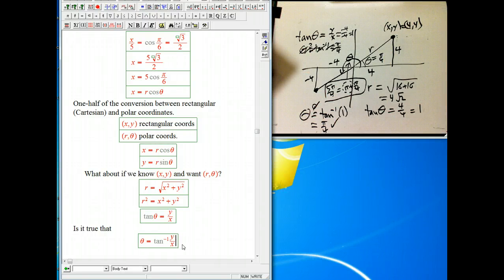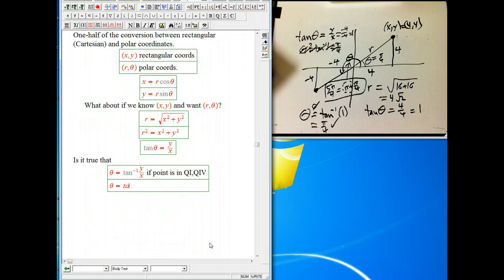Okay, so the upshot is that this is true if the point is in Q1 or Q4.